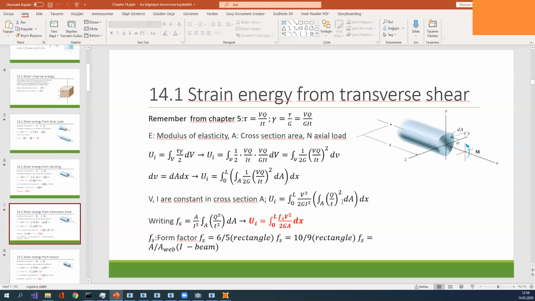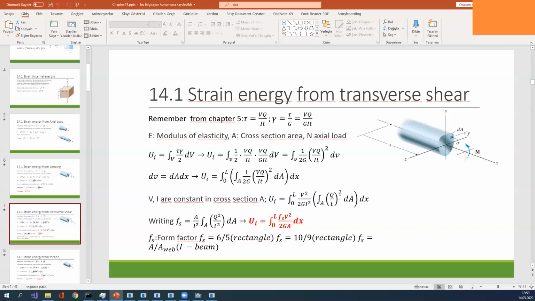So I cannot say what the meaning of this term is. Yes, this is a little bit difficult, but there is no specific answer. We can call this term a form factor. I want to simplify it as fs, and under that, our formulation Ui is equal to the integral from 0 to L of fs V squared over 2GA.